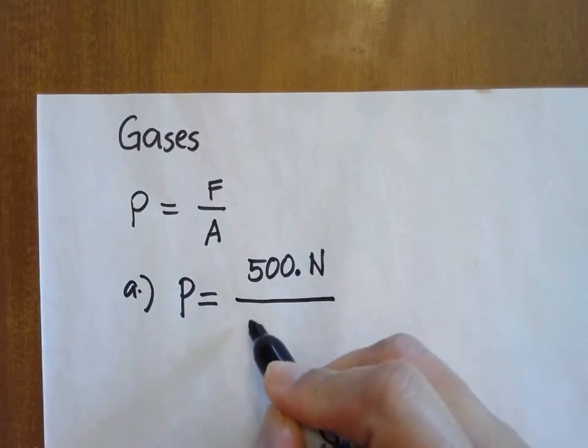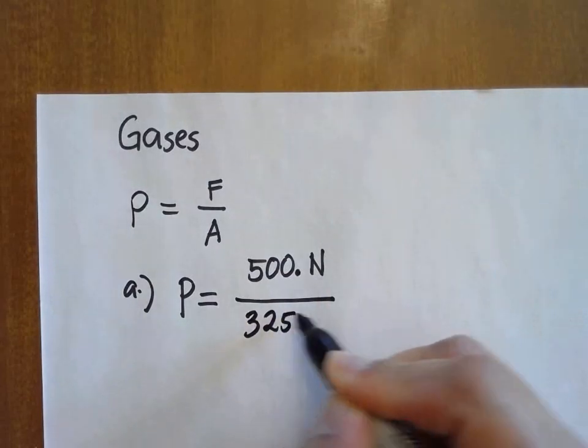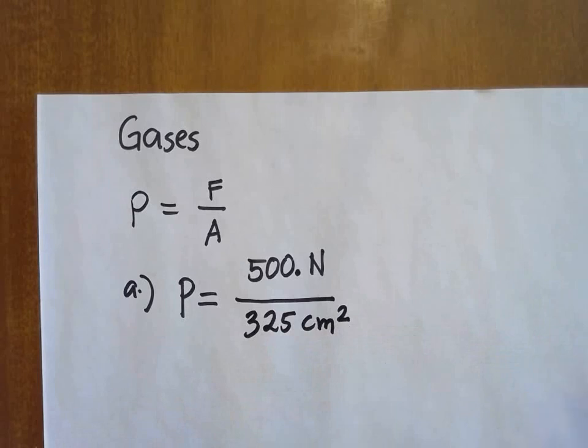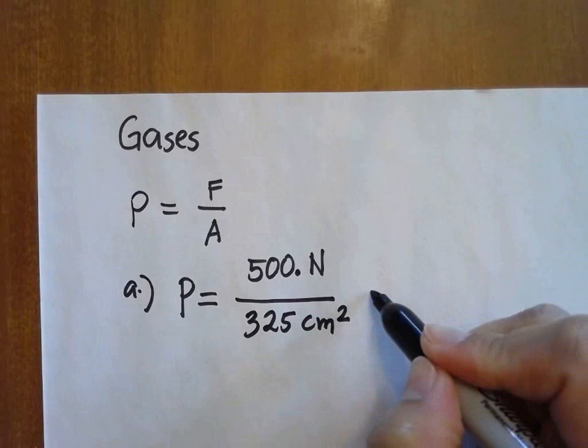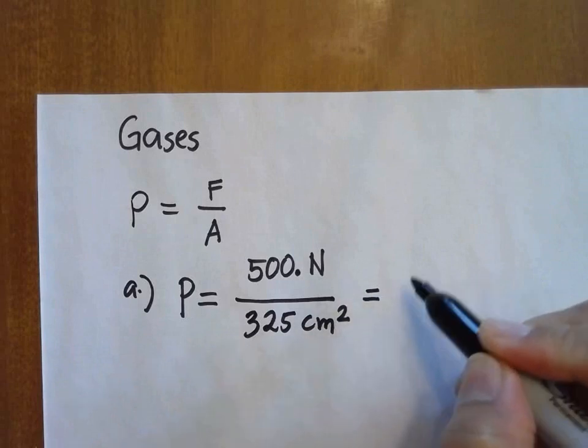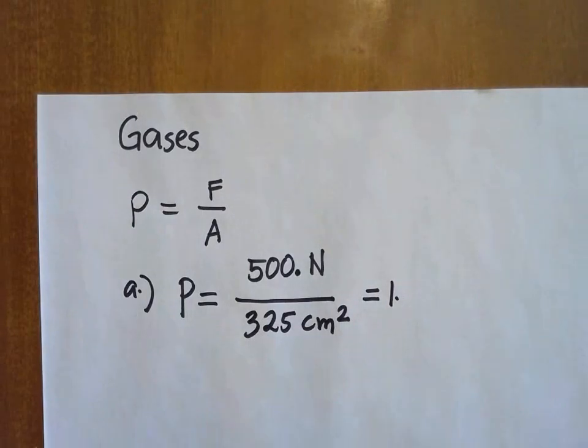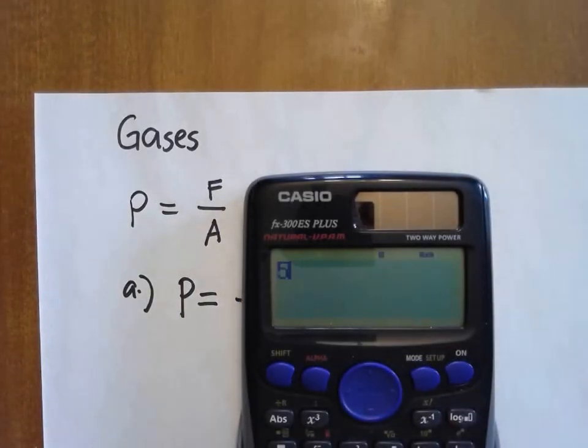Divide this by the area, and the contact area is 325 cm squared. So, you divide this, use your calculator, and 500 divided by 325 equals 1.538461.